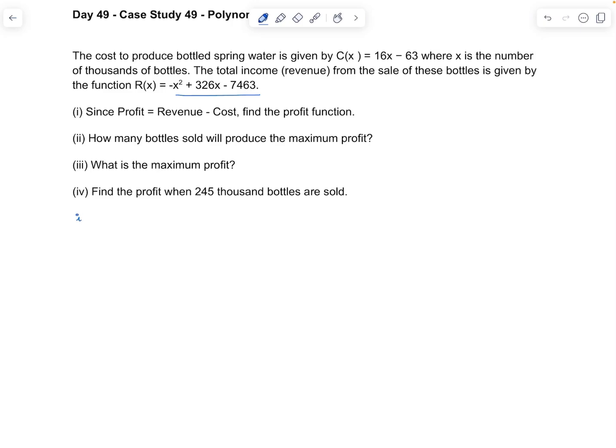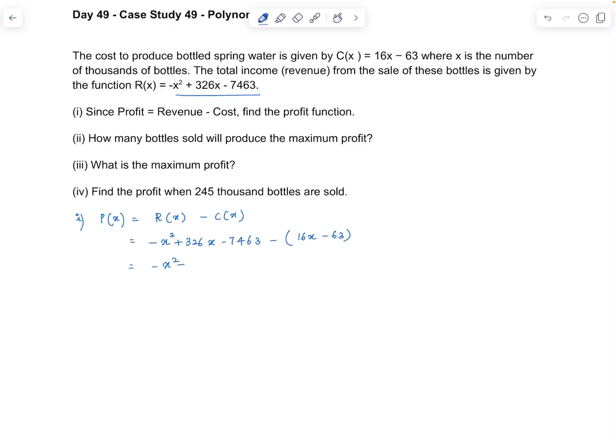Let the profit function be written as P of x. P of x is equal to R of x minus C of x, which is minus x square plus 326x minus 7463 minus C of x, which is 16x minus 63.